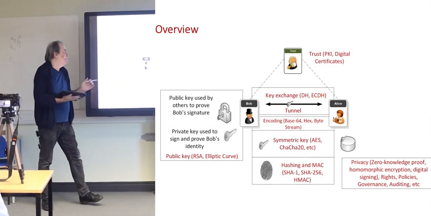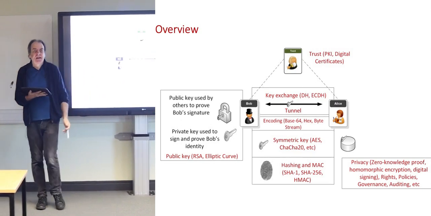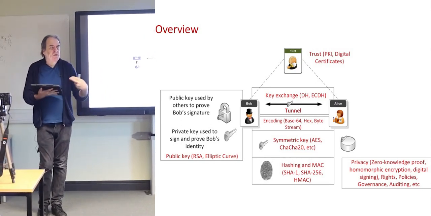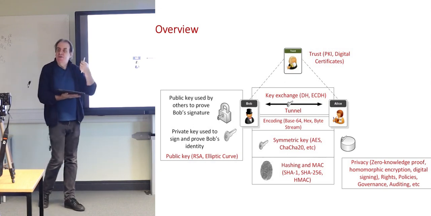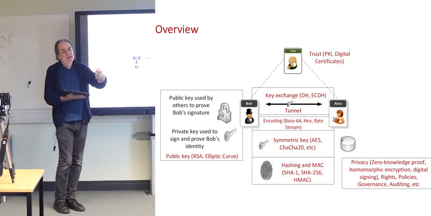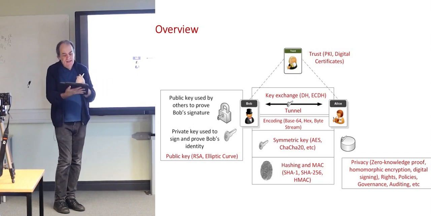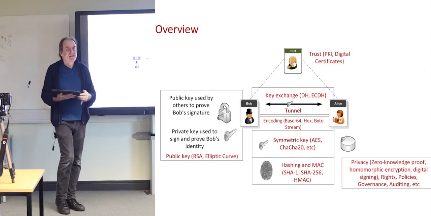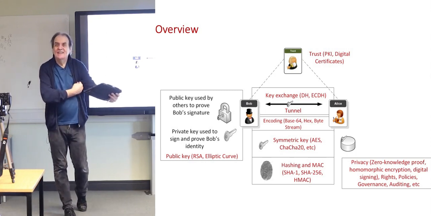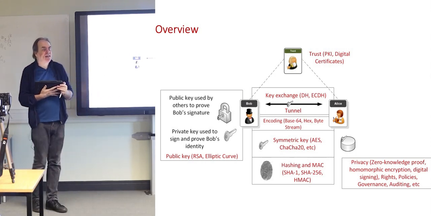So that's the methods. Diffie-Hellman, elliptic curve Diffie-Hellman. We'll be looking at those methods. Those are the methods that are used by your browser when it's connecting to a secure website. And then we need some way to make sure that the data that we're sending or receiving is that data.